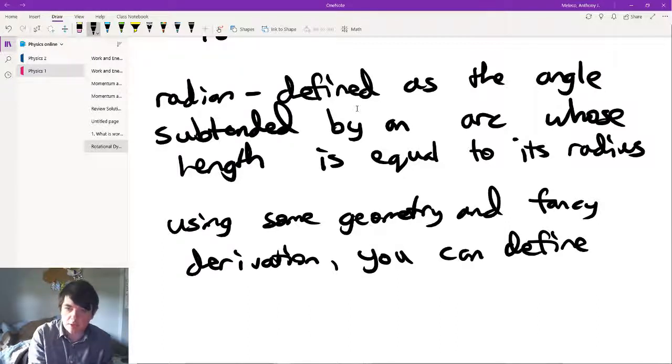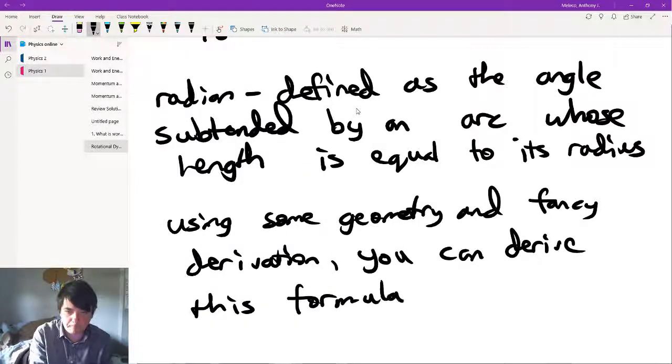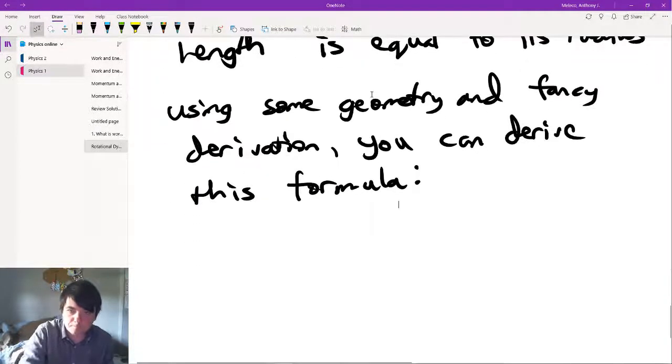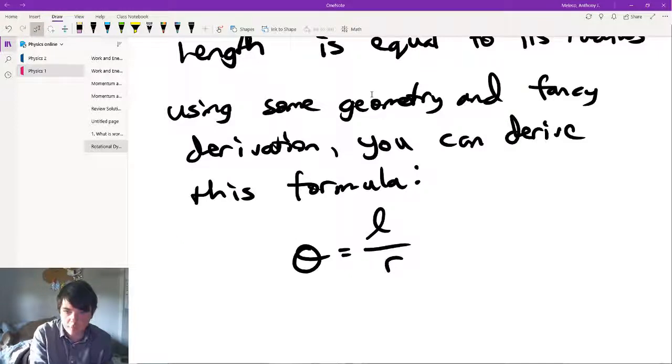You can derive this formula: the angle equals the arc length over the radius.